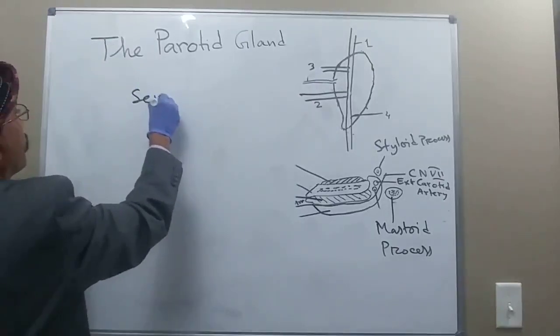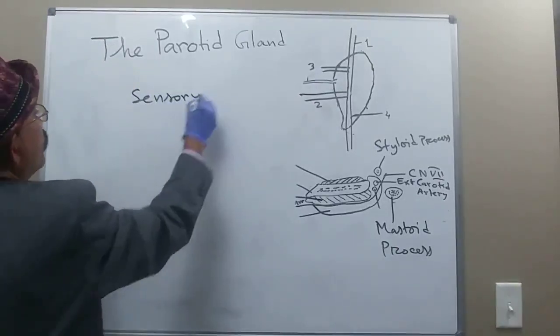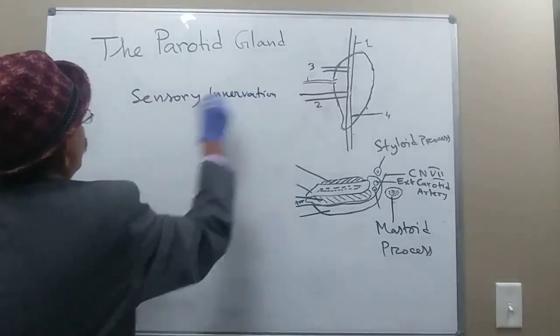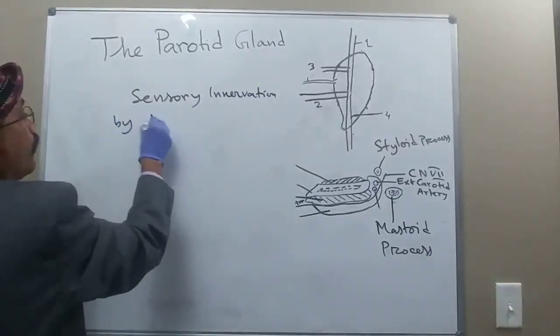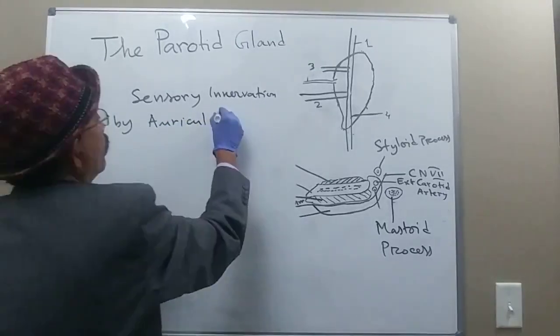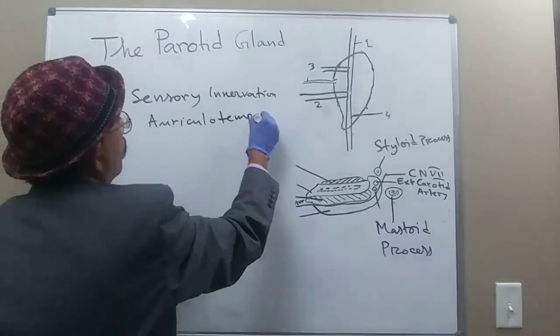Sensory innervation is by the auriculotemporal nerve, a branch of the mandibular nerve.